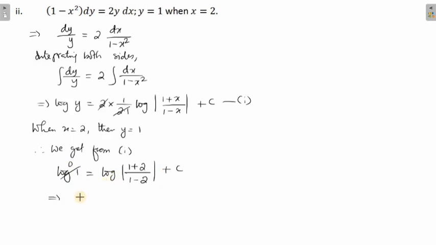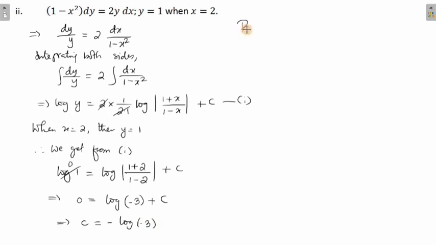You get 0 equals log, so can I say this is −3? Yes, so this is this much. So from here you get c equals −log(−3).